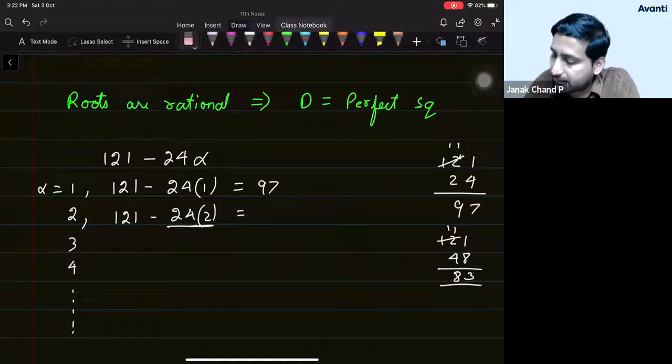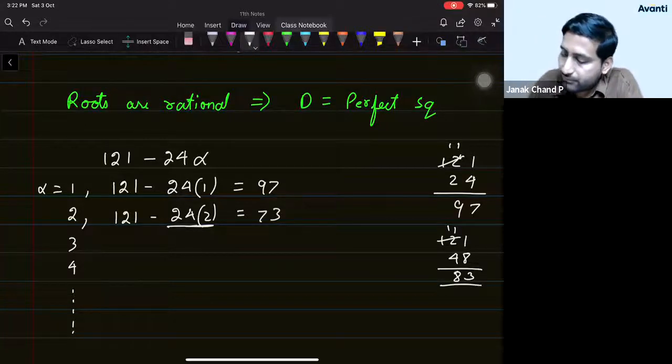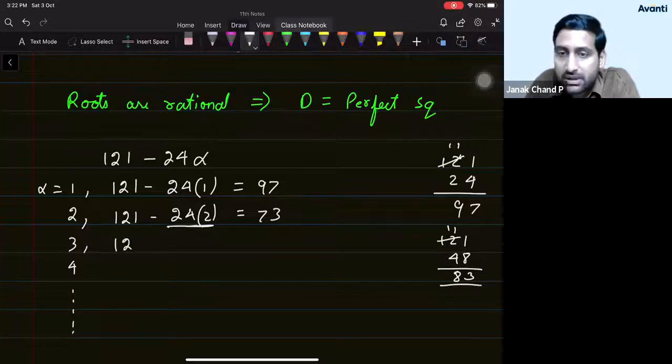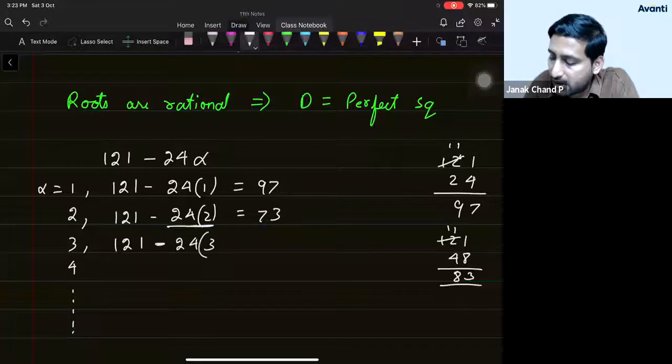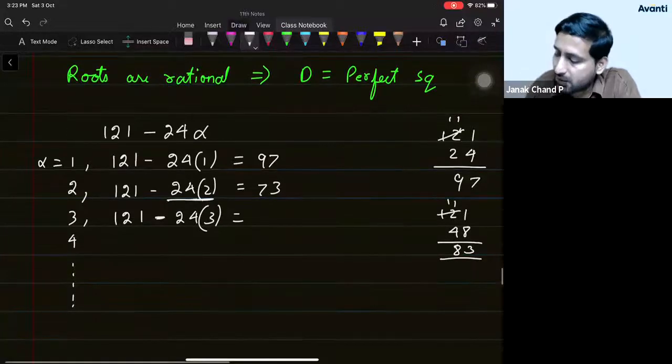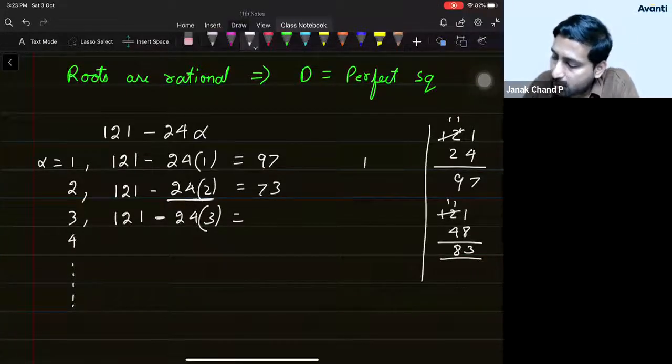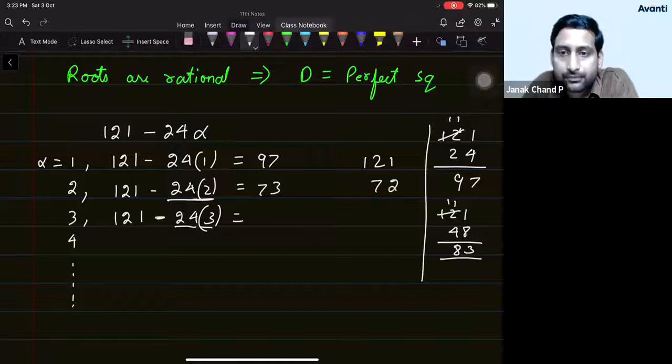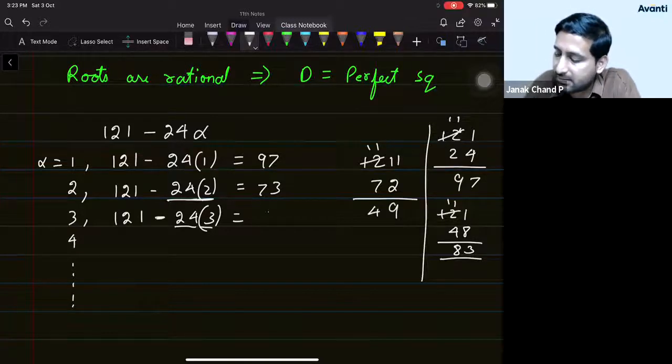Yeah, 73. Next, if I put 3, I will get 121 minus 24 into 3. 24 into 3 is 72. If I subtract 72 from 121, you will get 49. Yes, you got a perfect square.